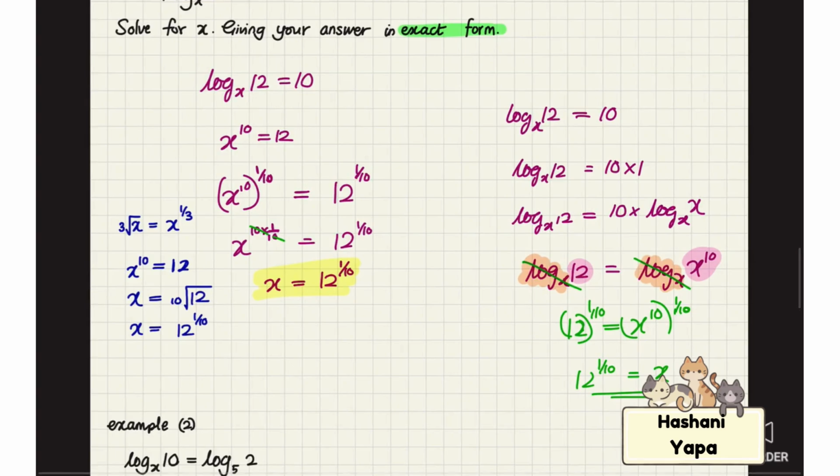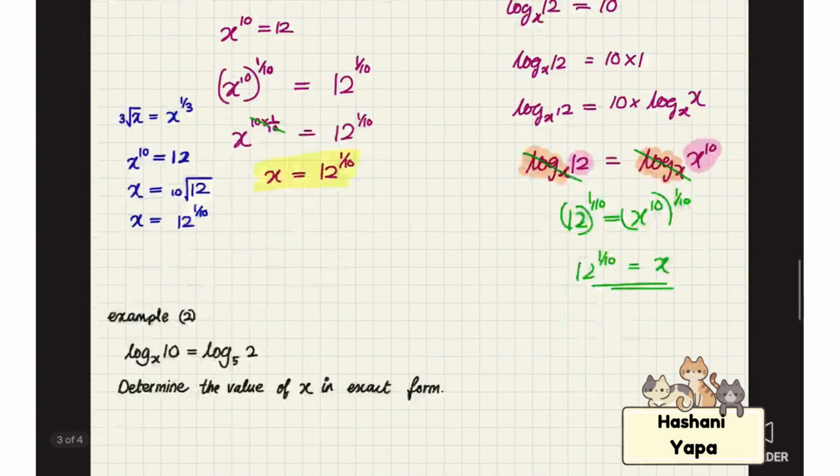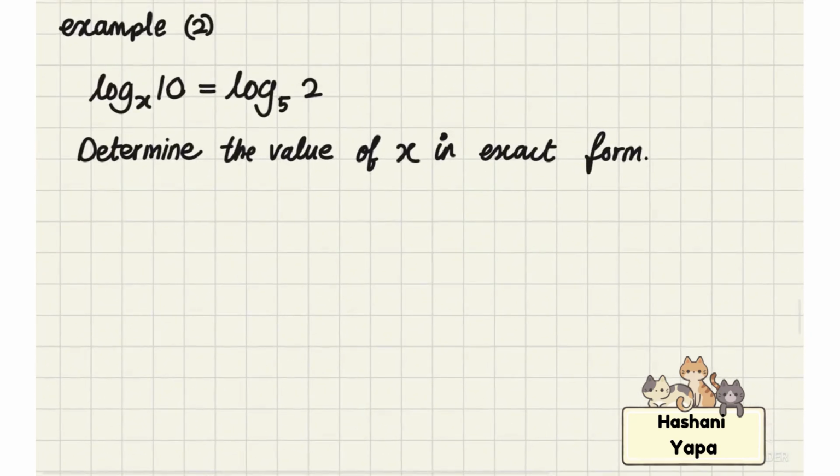So that's our first question. Let's go to the second question. Log x 10 equals log 5 2. How can you solve this? So let's write it down again. I'm going to copy paste it.